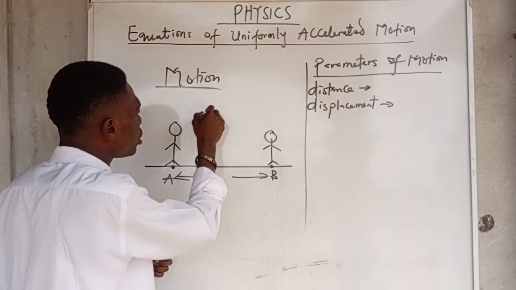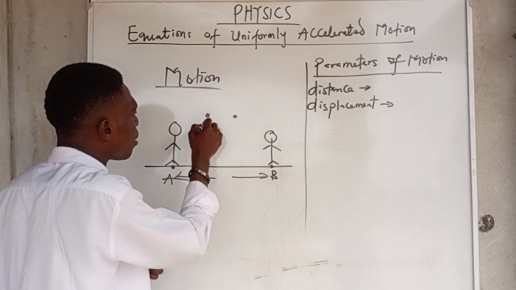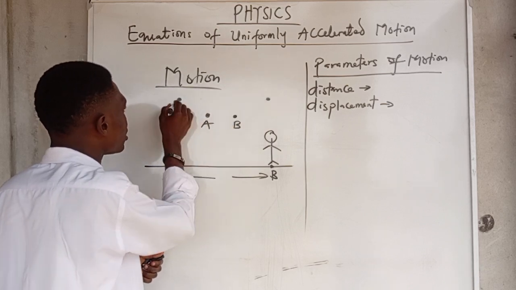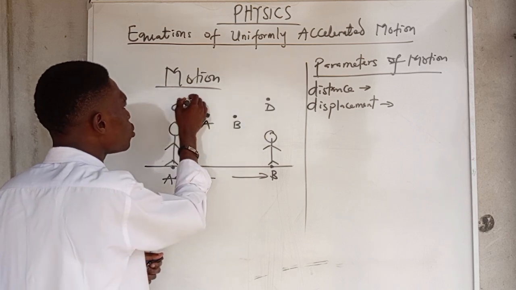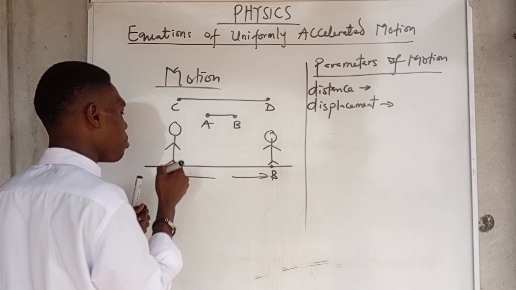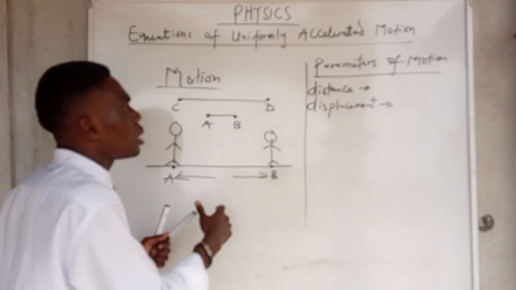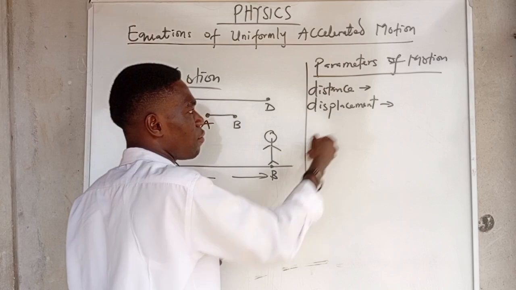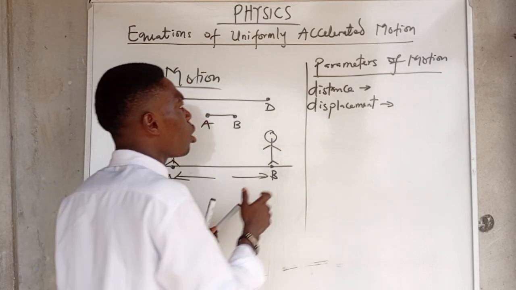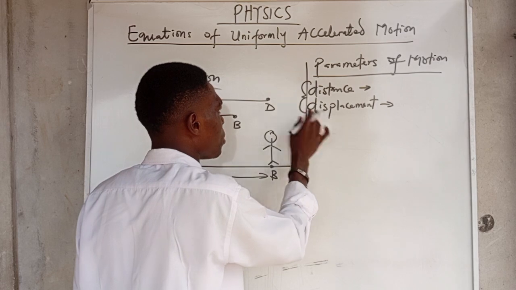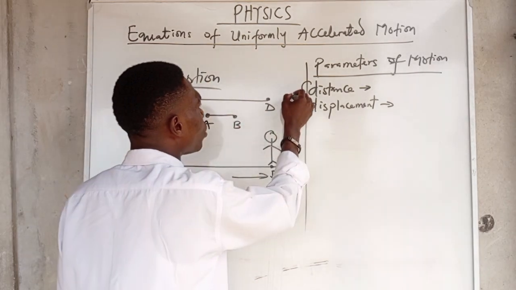The measure of separation between these 2 points A and B is smaller than that between these 2 points C and D. So the distance between C and D should be bigger than that of A and B, and that is what distance is. While displacement is the distance traveled in a specified direction. So when we talk about motion, we talk about distance or displacement. They are one.